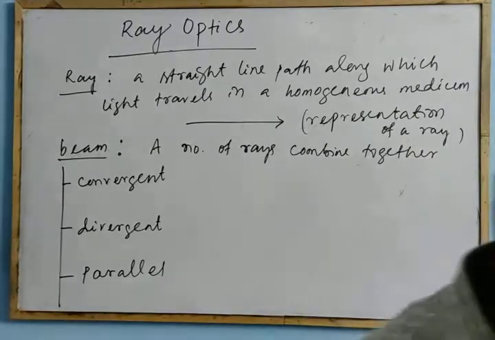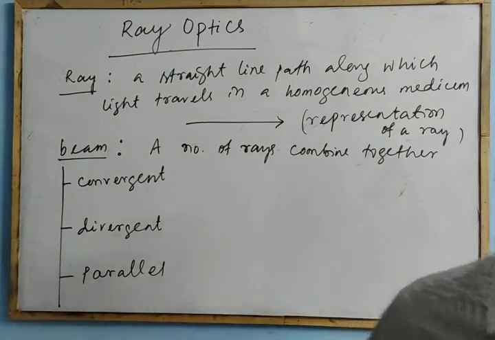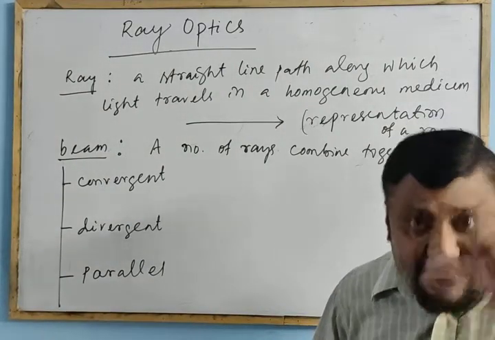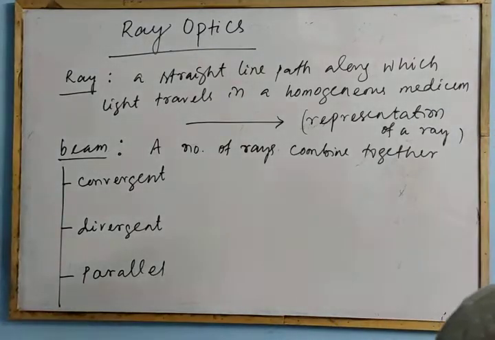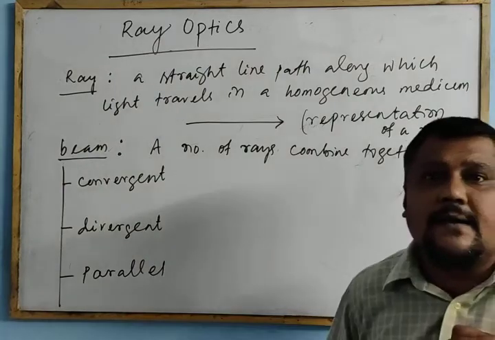So what is a convergent beam? A narrow beam of rays in which the width of that beam goes on decreasing as the rays proceed forward.